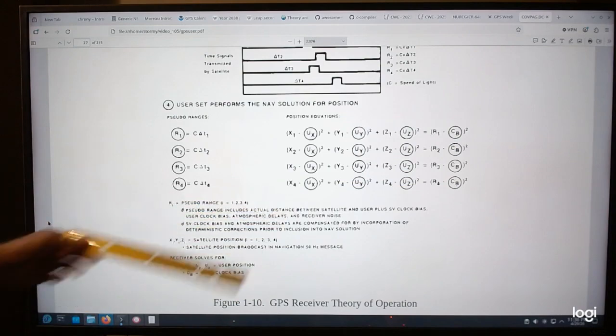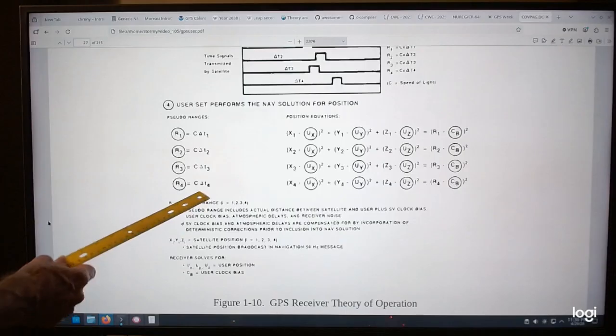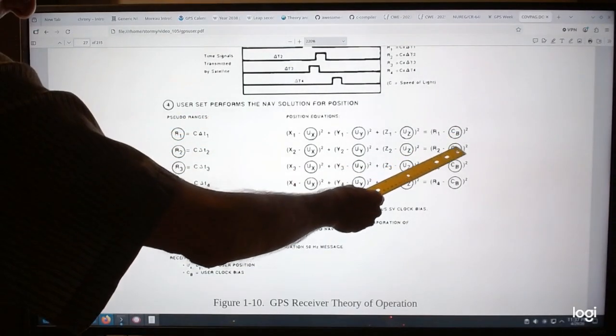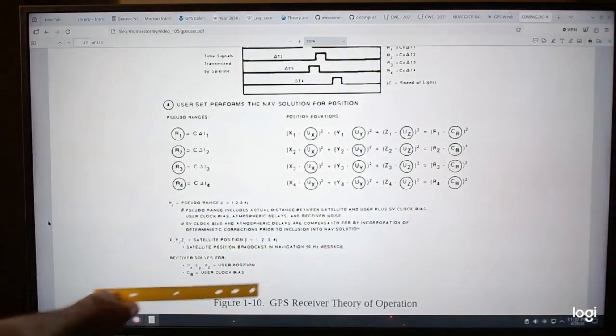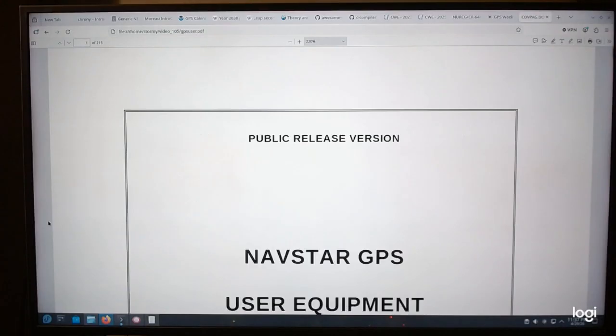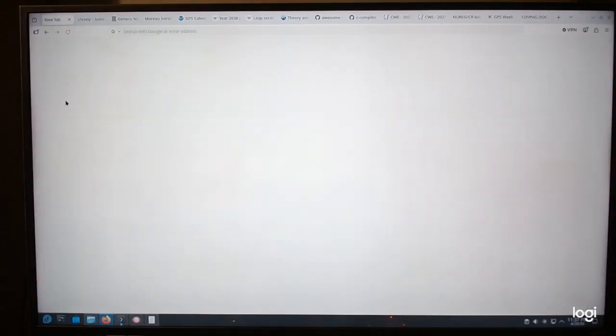I think what he was saying is once they get a 3D fix, the receiver does not have to calculate that user clock bias again. So I want to play around with that. With GPSD and ntpsec, I don't think they'll let me do that. Let me get back to my notes.